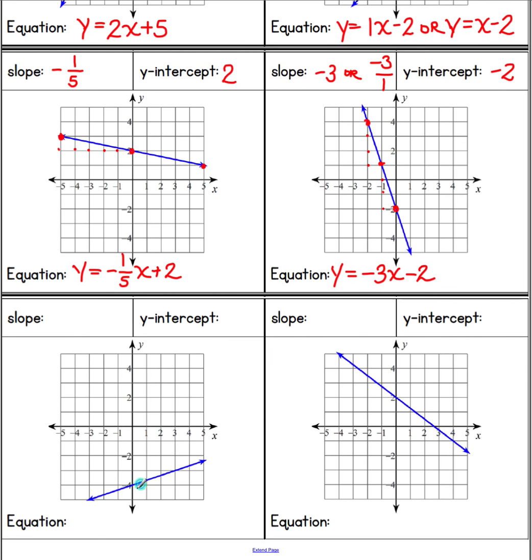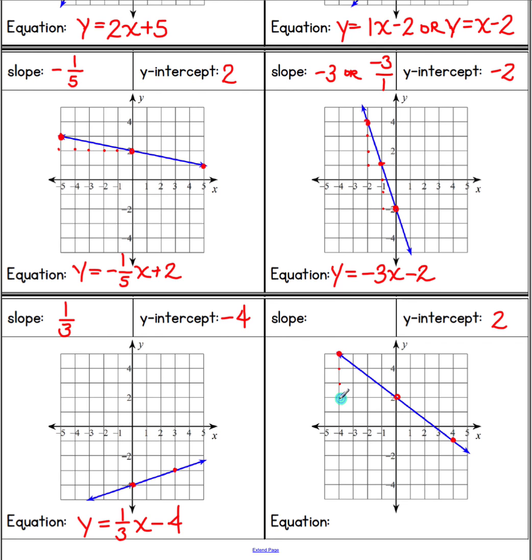Last two. Our y-intercept here is at negative 4, with a slope of, it looks like there's another point there, 1/3. So our equation is y equals 1/3 x minus 4. And lastly, our y-intercept at positive 2 and a slope of, it looks like there's a point there and perhaps a point here.